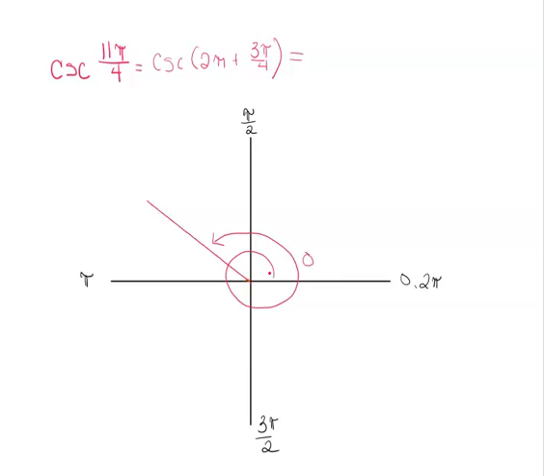That is theta, and because theta is 11 pi over 4, it is equivalent to 3 pi over 4. So if I take the cosecant of 11 pi over 4, this is still the same thing as taking the cosecant of 3 pi over 4, because I can take the cosecant of its coterminal angle and get the same thing.